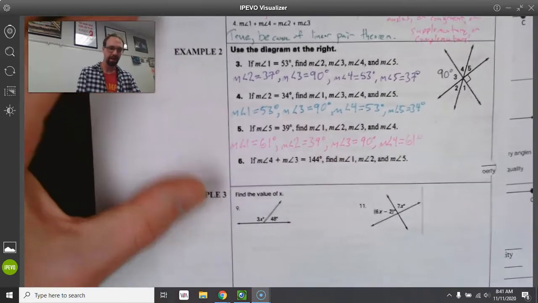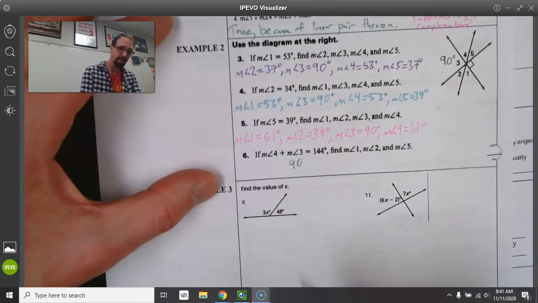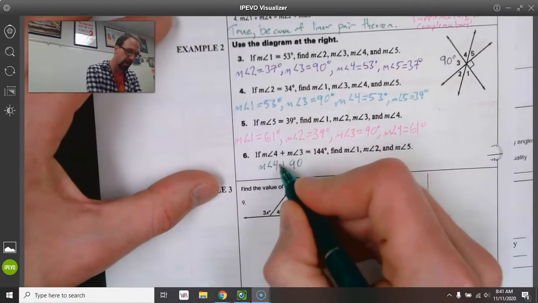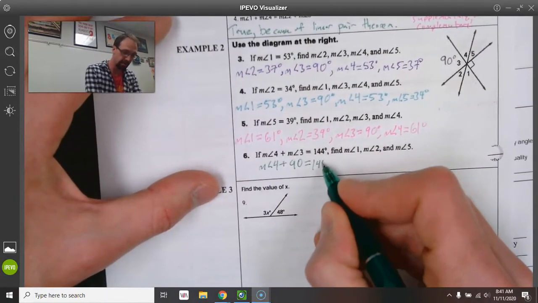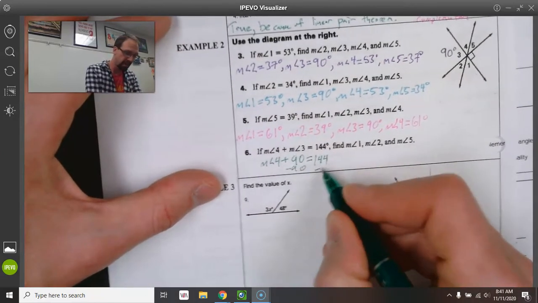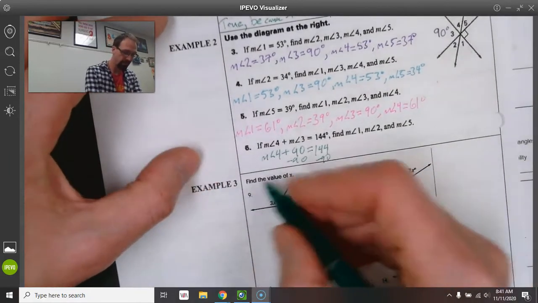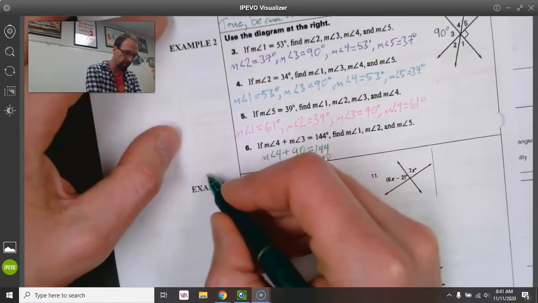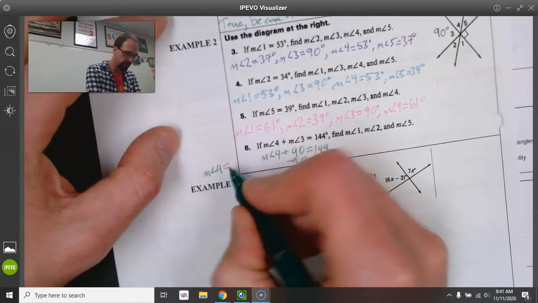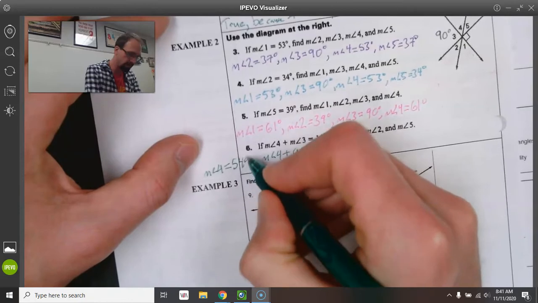So let's go back. The measure of angle 3 is 90 degrees. So what I'm really saying is the measure of angle 4 plus 90 degrees is equal to 144 degrees. So if I subtract 90 off both sides, what I find is the measure of angle 4 in this particular problem is going to be 54 degrees.